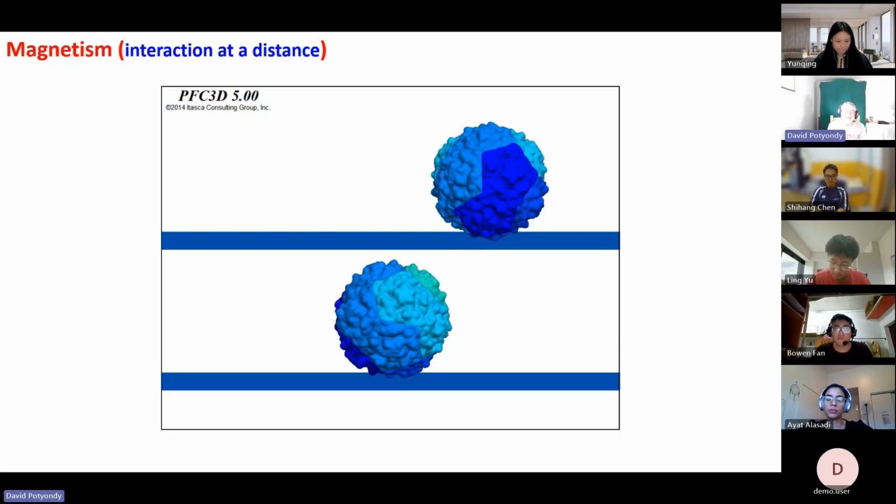However, you can generalize the method to just say, let's put some physics of two particles interacting. And so thus, you can do things like magnetism. There's other people who've done carbon nanotube behavior, and I'm not going to talk about that, but with the same idea, with this interaction at a distance.